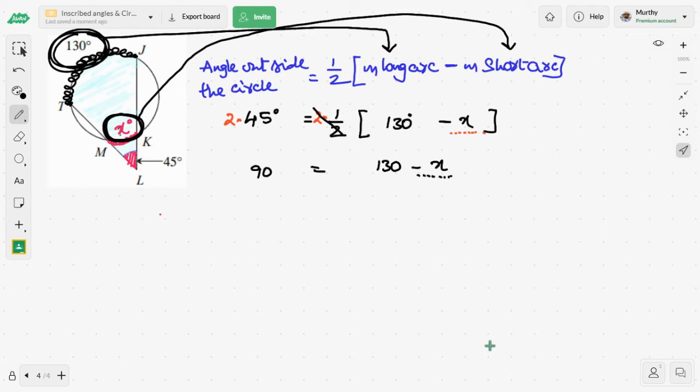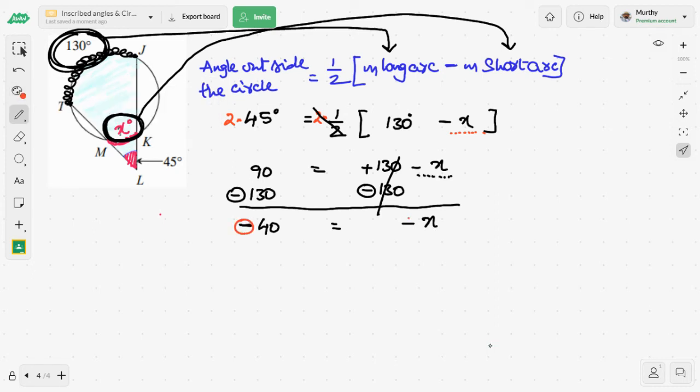There is no sign associated with 130, so let me take it as positive and go for the inverse operation, which is subtract 130 on both sides. 90 take away 130 is not 40, but negative 40, equals negative x. If you end up with a negative sign on both sides, you may strike those two negative signs, then the value of x equals 40.